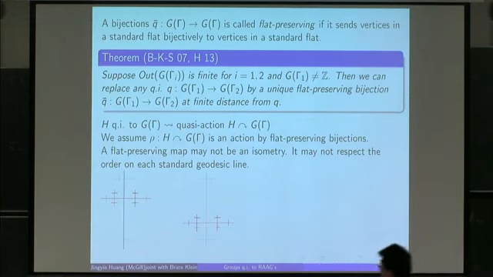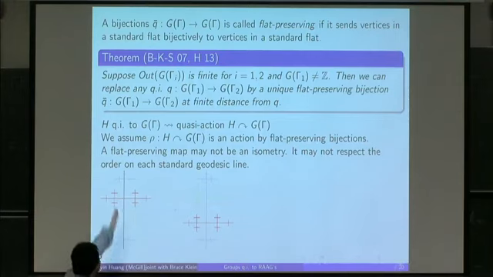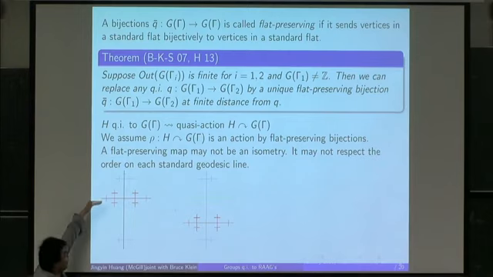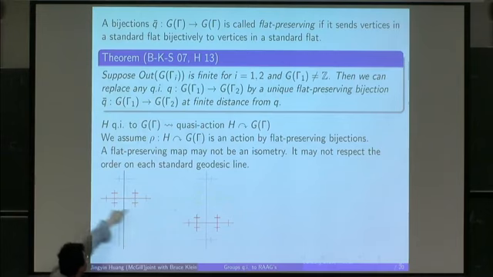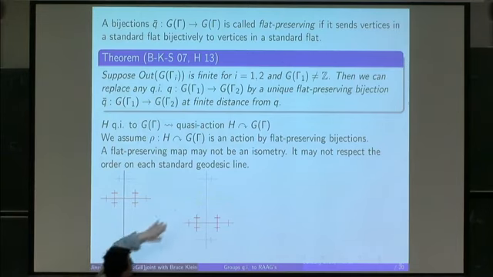So let me give you an example. We take our group to be a free group, and our space is going to be, let's say, the tree of valence 4. This black line is going to be a periodic line, and there are translations along this black line, and there are various levels along this black line. We pick this yellow level, and we translate the whole yellow level one unit up.